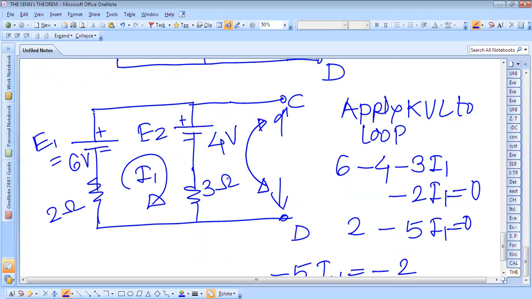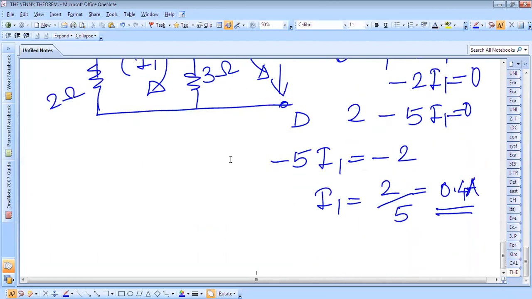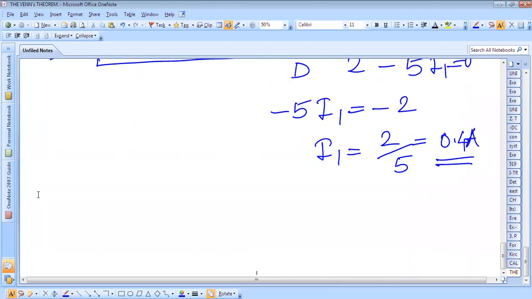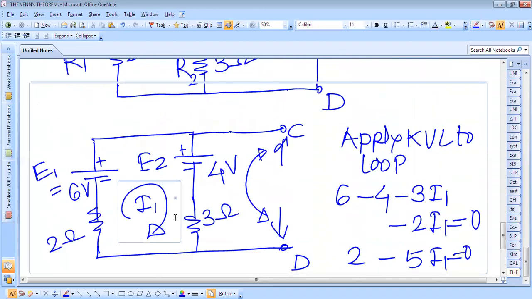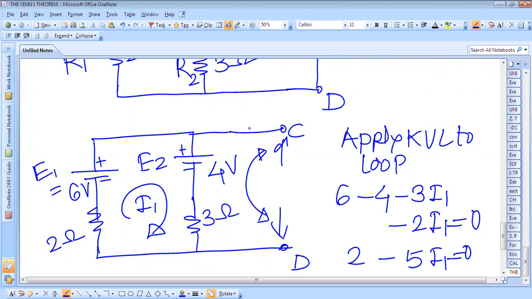We have to find the potential difference across CD. As these two branches are connected across CD, we can find the potential difference across this branch or this branch, one and the same thing.